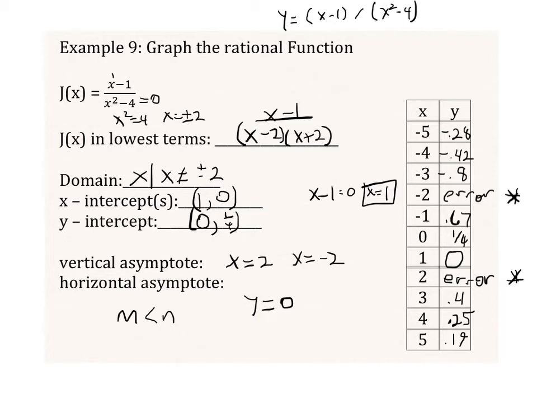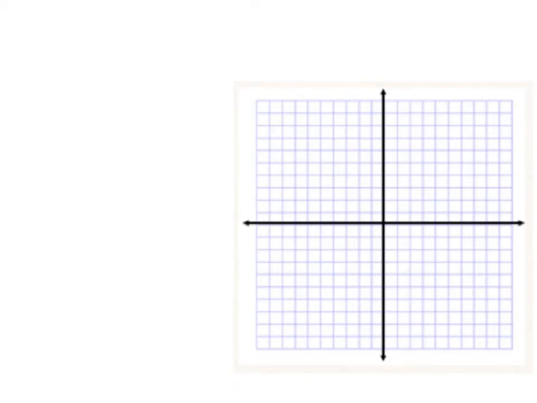Okay, now we want to go ahead and be armed with our information. We have vertical asymptotes at -2 and 2. So I'm going to space this out a little bit so it's easier to see. And I'm going to use every other grid as one unit. You know, you can always do this. It helps kind of make things a little nice and neat.